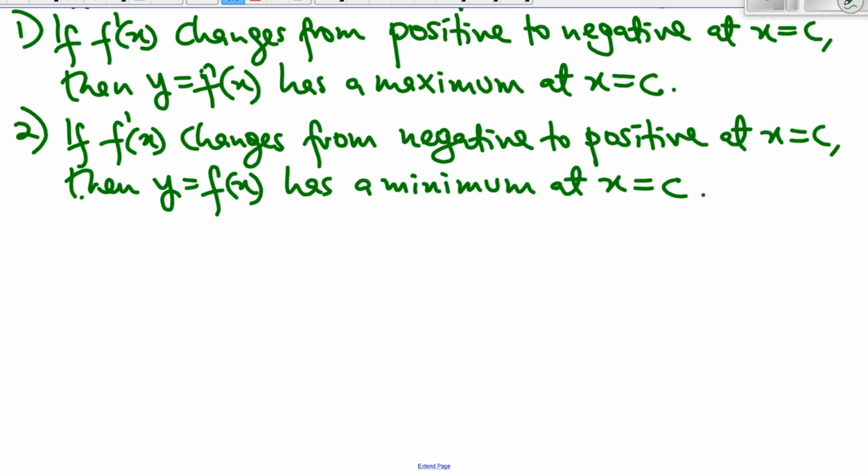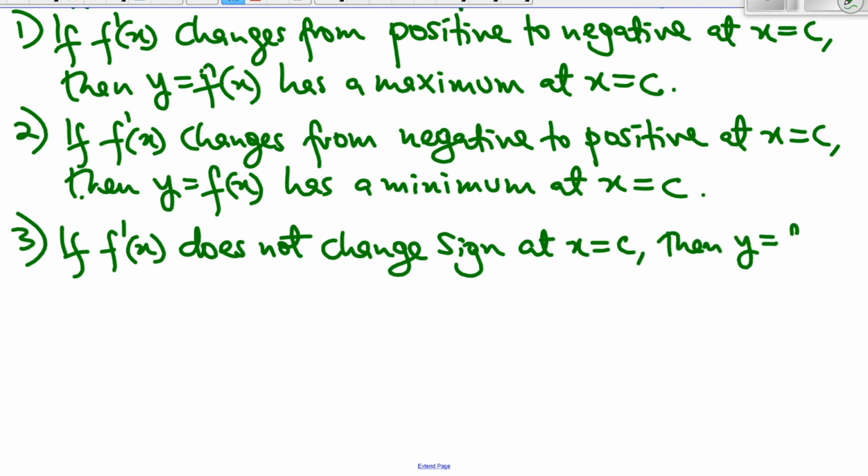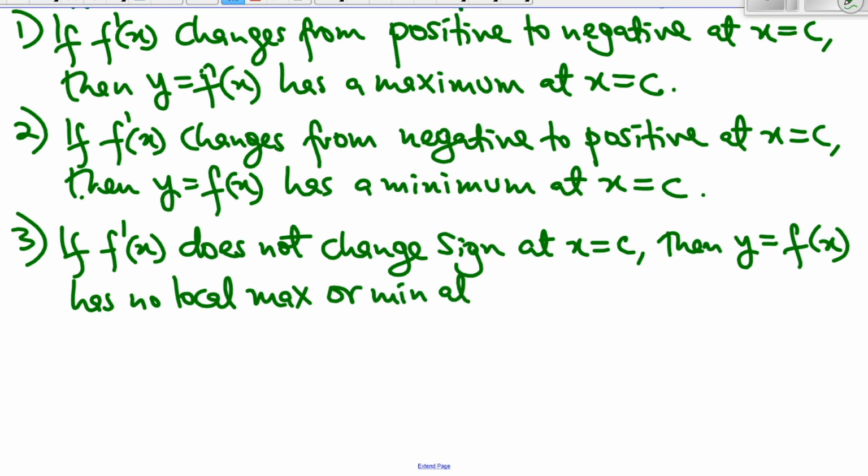Our conclusion will be that in graph 3, or in general, if the gradient does not change sign at x equal to c, then y is equal to f of x has no local maximum or no minimum at x equal to c.